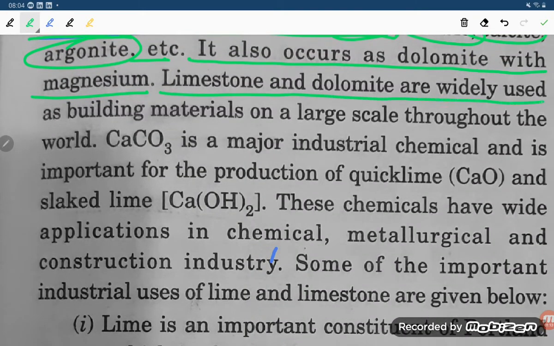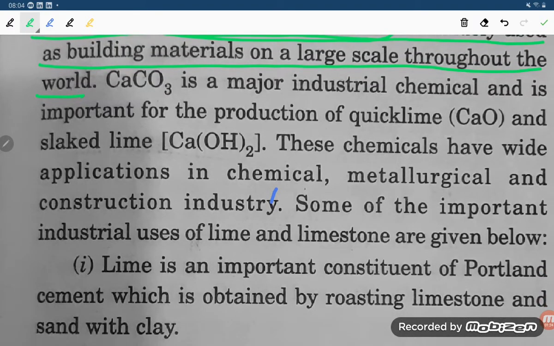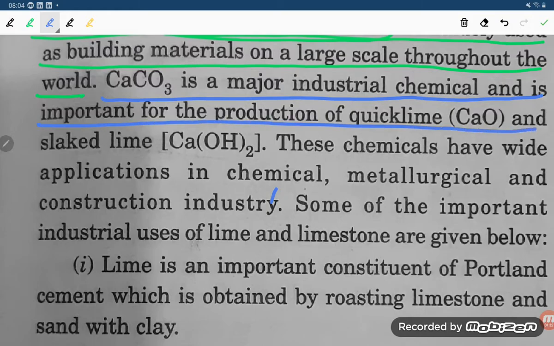Limestone and dolomite are widely used as a building material on a large scale throughout the world. Calcium carbonate is a major industrial chemical and is important for the production of quicklime and slaked lime.